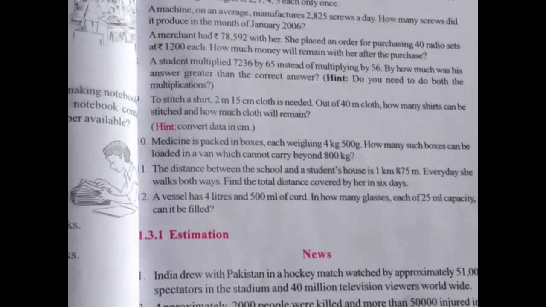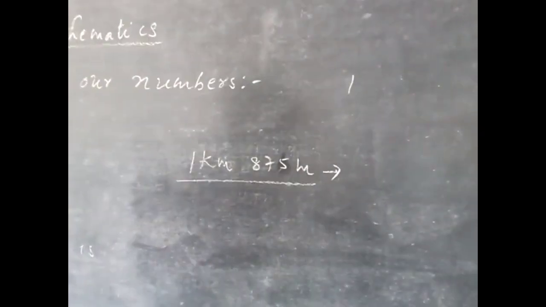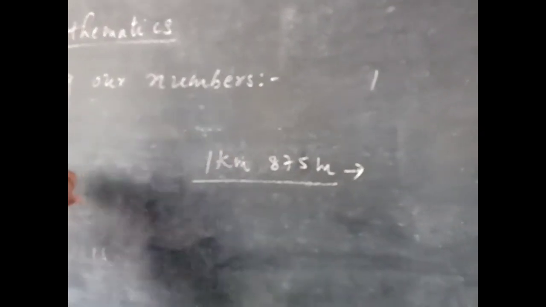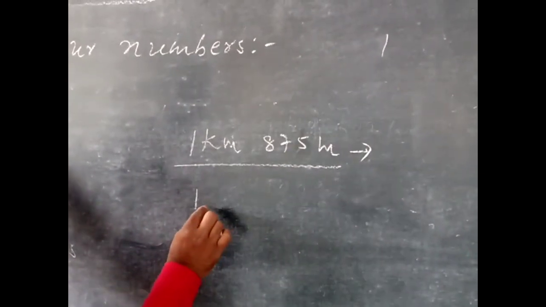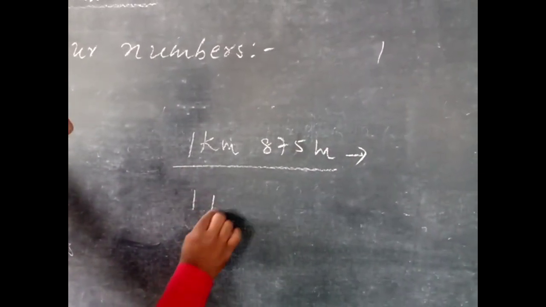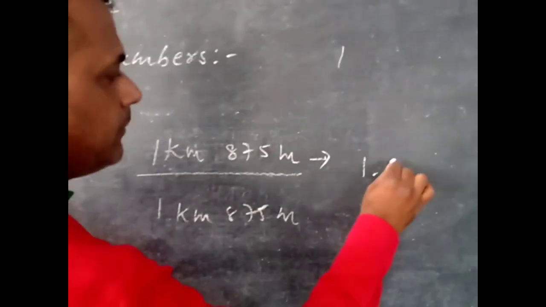1 kilometer and 875 meter. It's a one-way distance, right? As it is the same way, she covers the same distance in the evening also. So 1 kilometer and 875 meter.